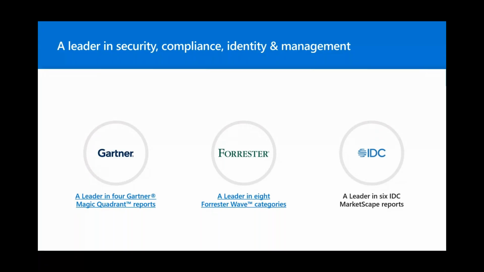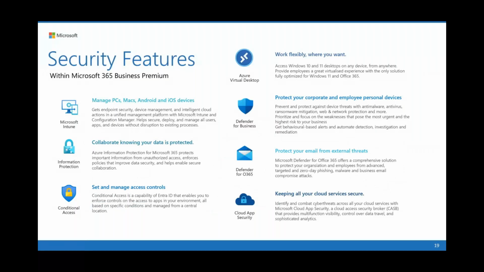So these are the key security features included in Microsoft 365 Business Premium. I'll just touch on them now because we go into them in more detail over the next few slides. But Intune, which gives us the ability to manage and configure mobile devices, but also PCs and Macs, and we can potentially apply some rules to those devices as well, and configure some settings that get applied to those devices.